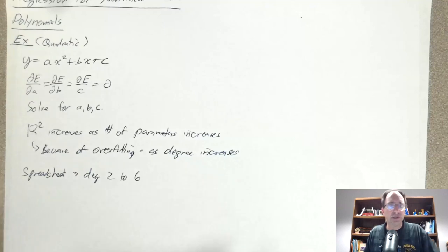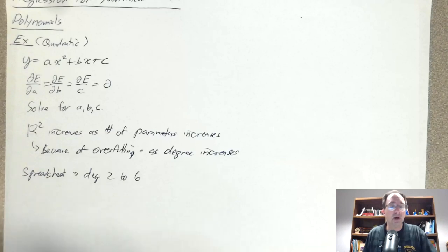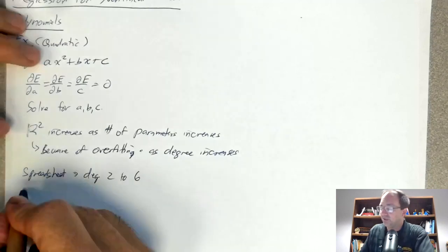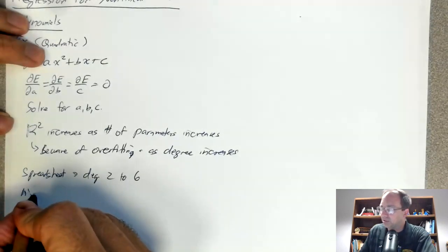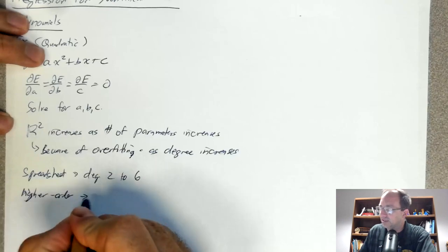But there are certain situations where a higher order polynomial might make sense. And in that case, a spreadsheet won't work, but other tools like a computer algebra system will. And we'll have a whole other section dedicated to that. So for higher order polynomials, just hang tight. And we'll see that in the next section.